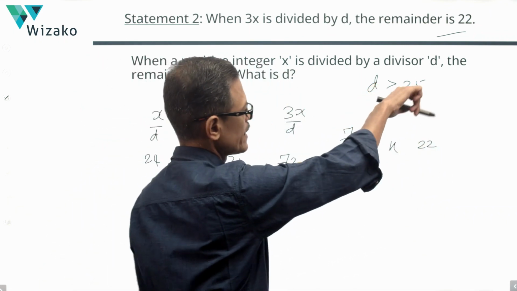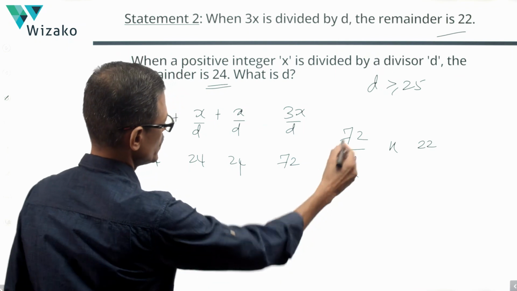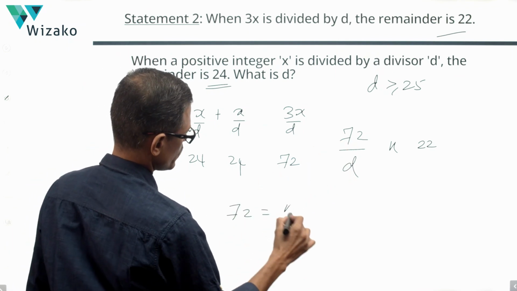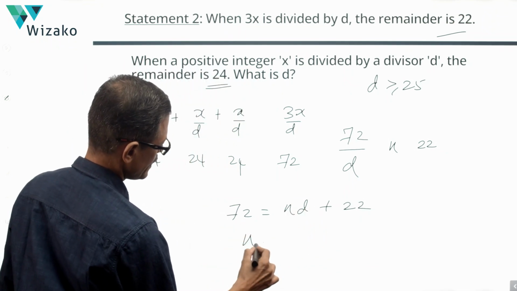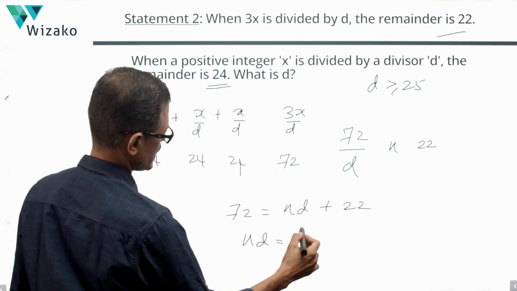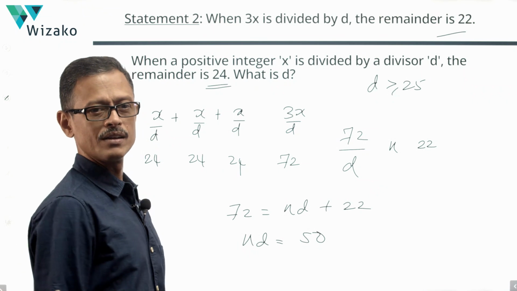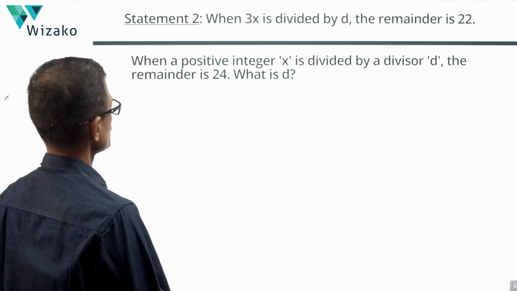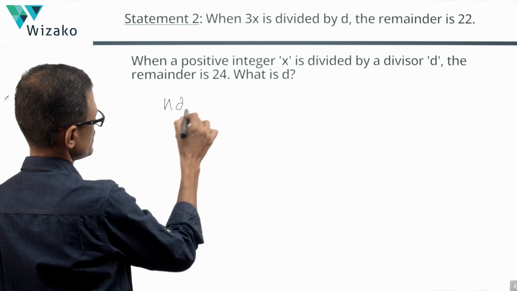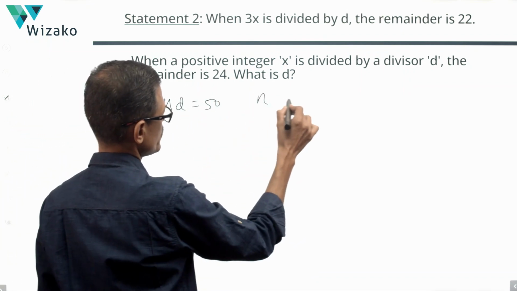We know D is greater than or equal to 25, keep that perspective in mind. So 72 is equal to n times D plus that remainder which is 22, or ND works out to 72 minus 22, which is equal to 50. So some multiple of a divisor is equal to 50. Let's see what all possible ways are there. ND is equal to 50. What all values can N and D take?